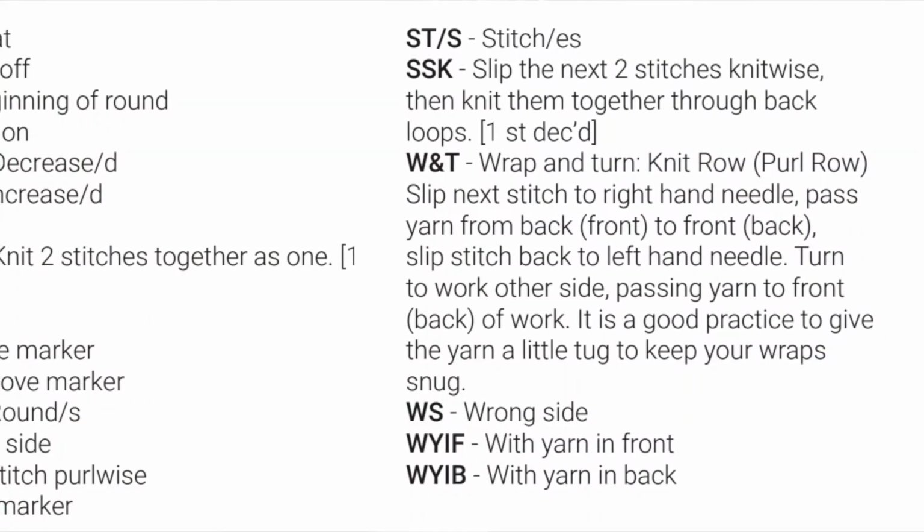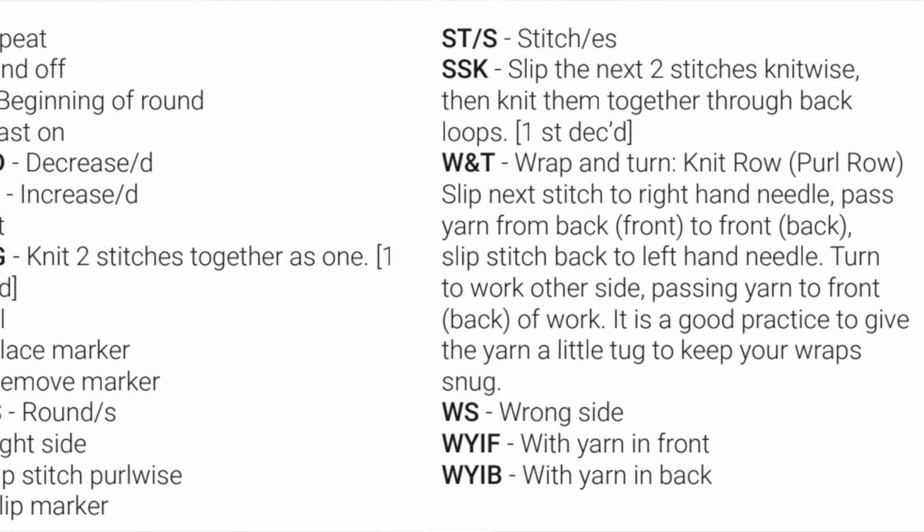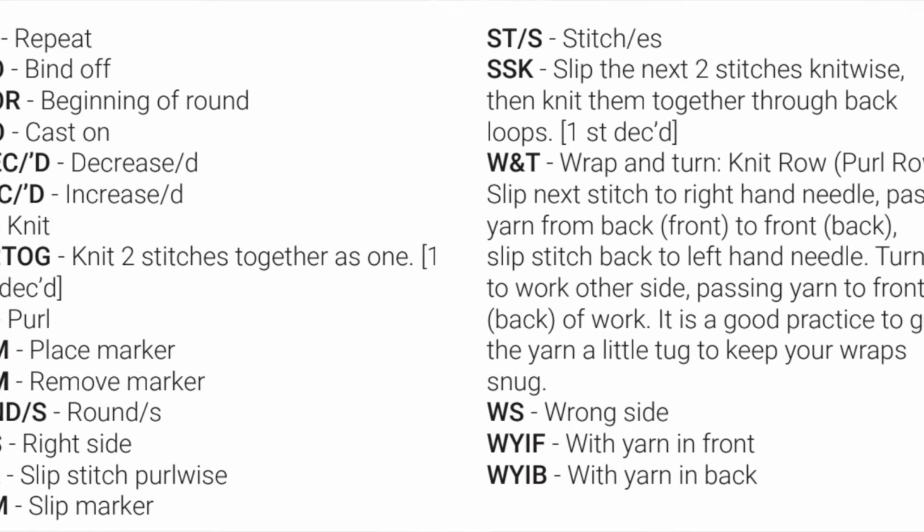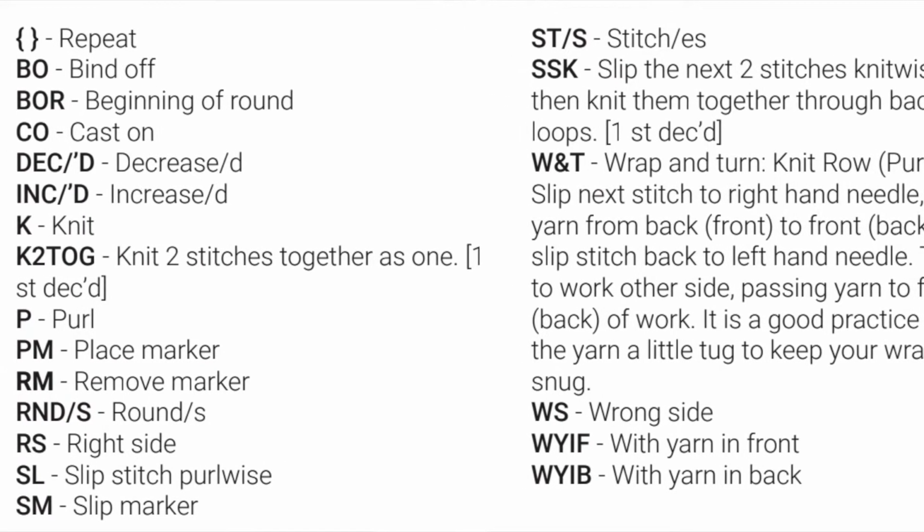Knit will be written with a K, purl will be written with a P, K2TOG is knit two together. All of those abbreviations will be included somewhere in a well-written pattern. We'll have a list to translate all of those abbreviations. And as you get used to reading knitting patterns, then a lot of these will become second nature and you won't even have to check the abbreviation list for most of the instructions in your patterns.